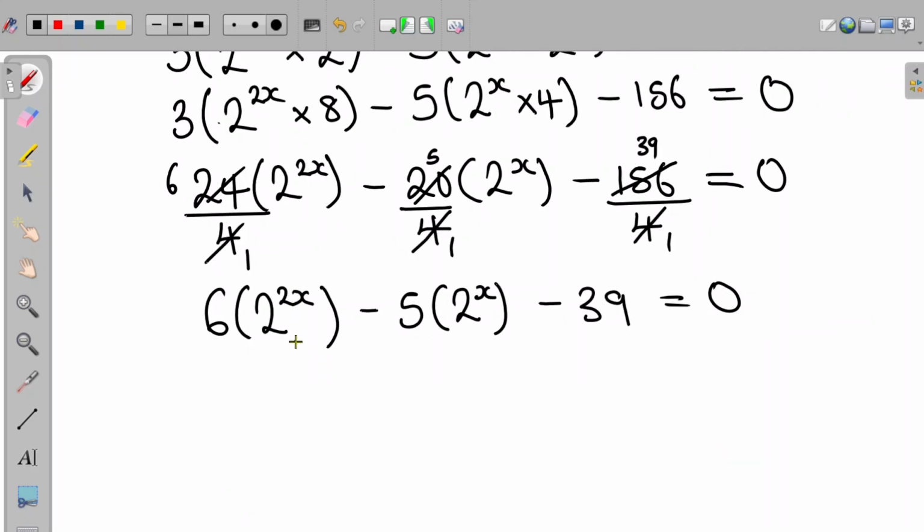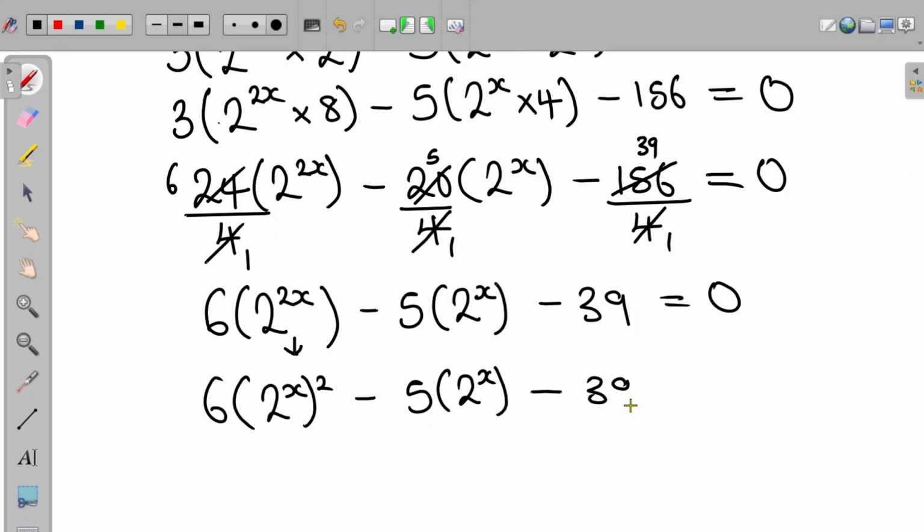So at this point, we can express this as 6 multiplied by (2 to the power of x) all to the power of 2, minus 5 multiplied by 2 to the power of x, minus 39 equals 0. Now we can make a simple substitution.